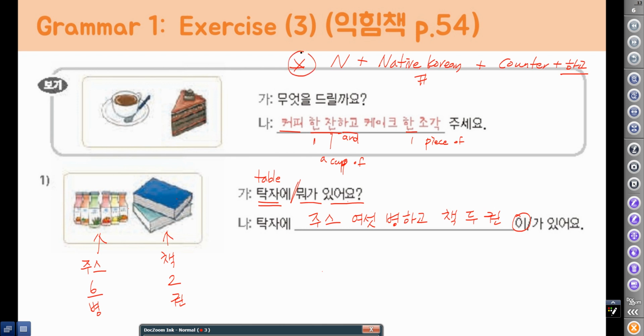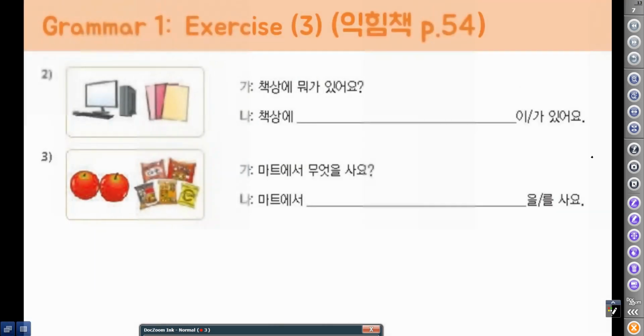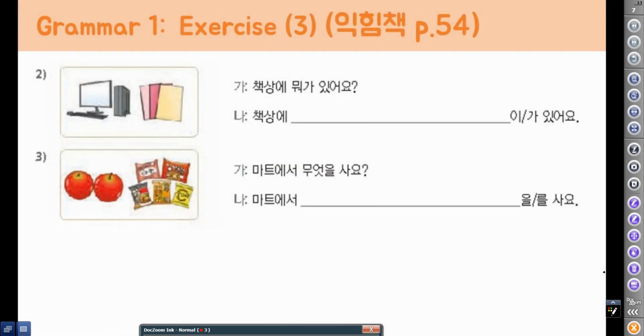So as long as you remember the pattern, it shouldn't be too difficult for you to do it. All right. Next one. We're still on 익힘책, page 54. 책상에 뭐가 있어요? What's on the desk? 책상에 what is it? 자, computer.